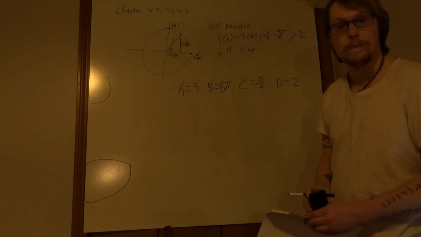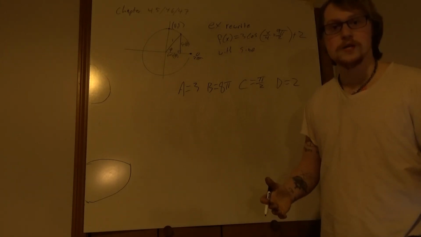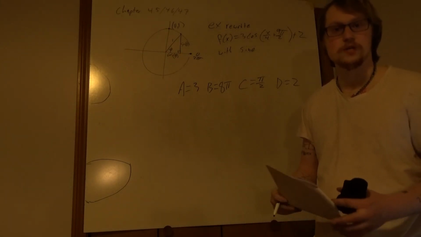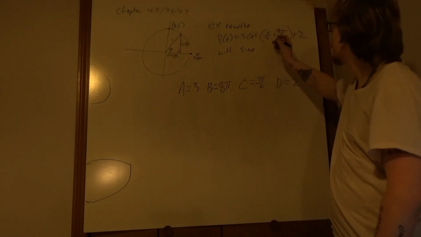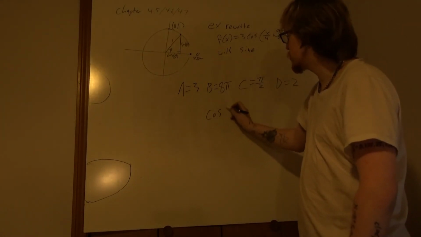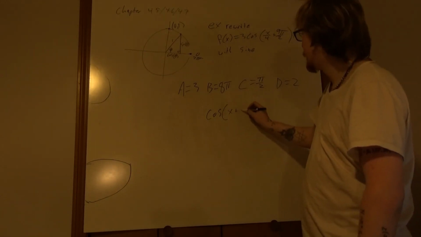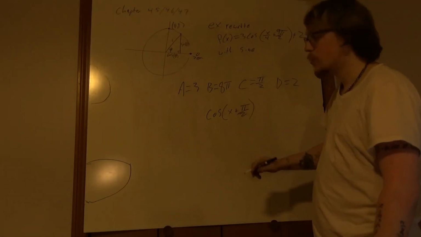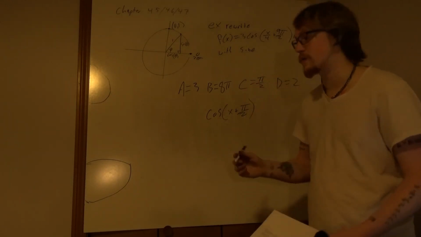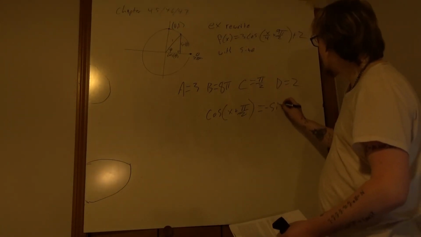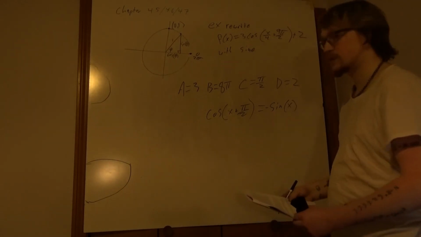Now, we know all kinds of stuff about sine and cosine and phase shifting by pi over 2. So, we can see what happens. If we have cos of x plus pi over 2, we know what that is. We in fact just did a whole question where we found out that this is equal to negative sine of x.